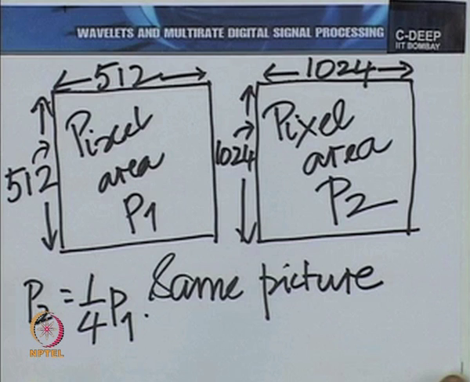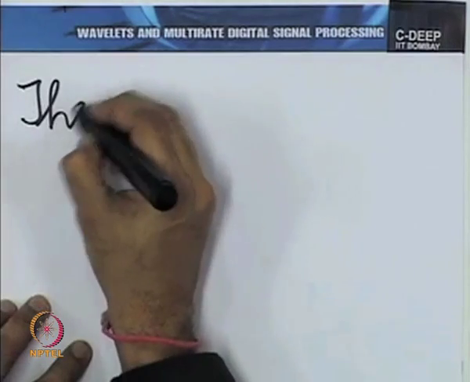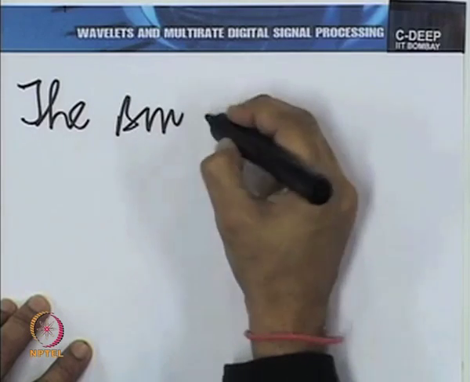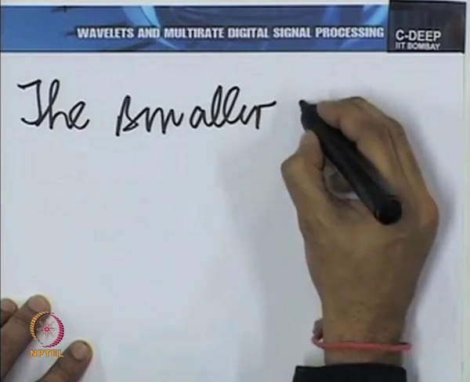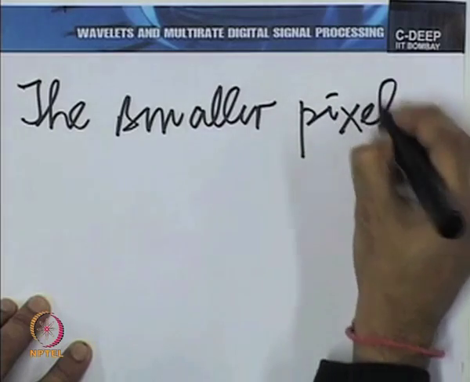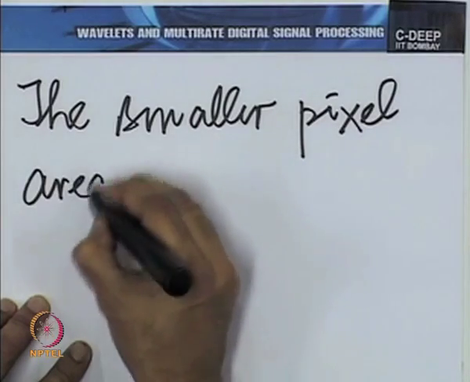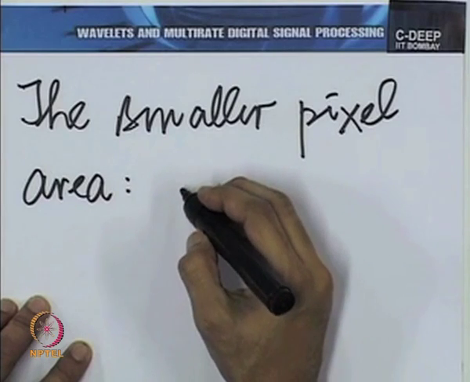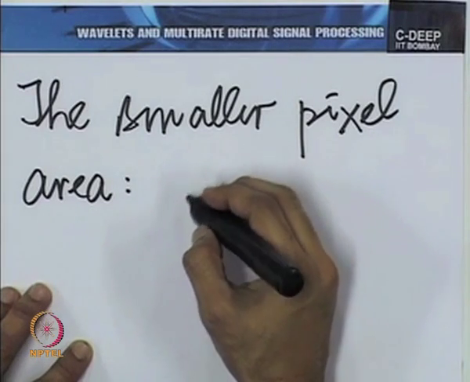So, in other words, we can capture this by saying the smaller the pixel area, the larger the resolution.